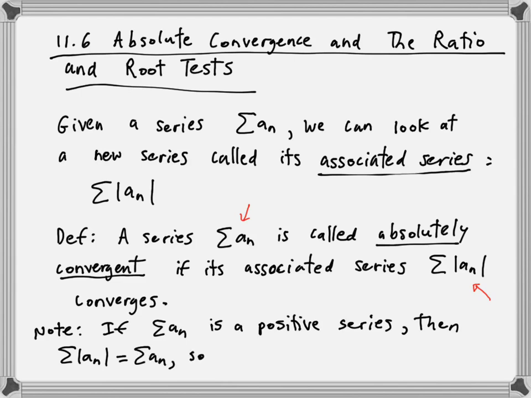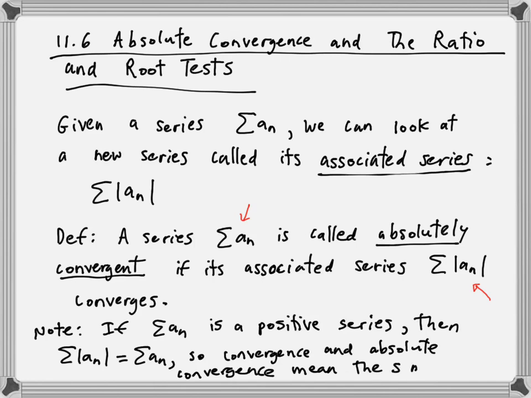So convergence and absolute convergence mean the same thing. Okay, so absolute convergence is not that interesting of a statement when you already have a positive series. Okay?